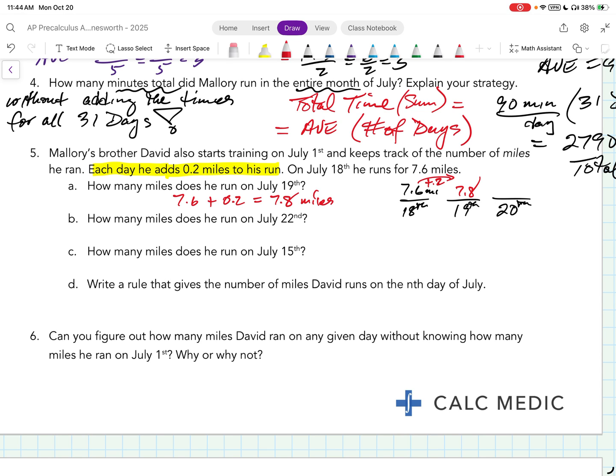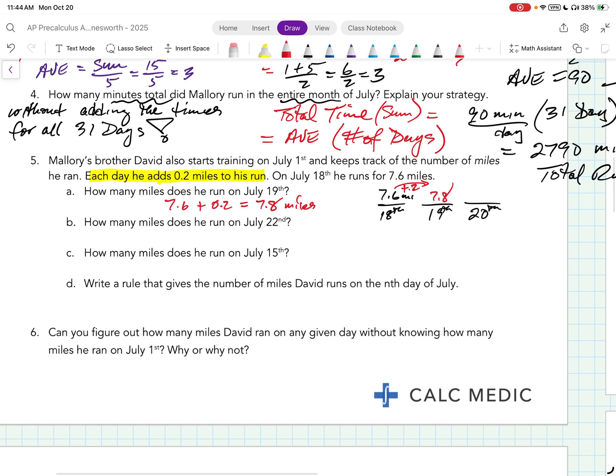Then what does he run on the 22nd? Let's visualize this, from the 20th, 21st, 22nd. How many times do you have to add the rate of change? Here it's plus 2/10, plus 2/10, and again plus 2/10. We're adding 2/10 of a mile. That's the rate of change, which in arithmetic sequences is called the common difference. So you'd have to add that 4 times from the 18th to the 22nd.